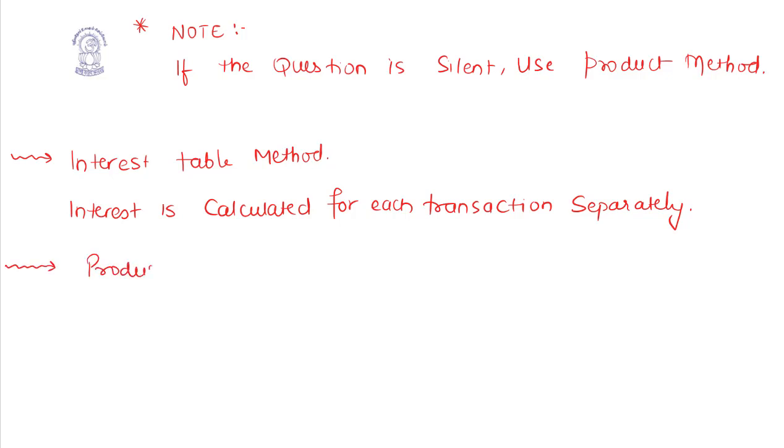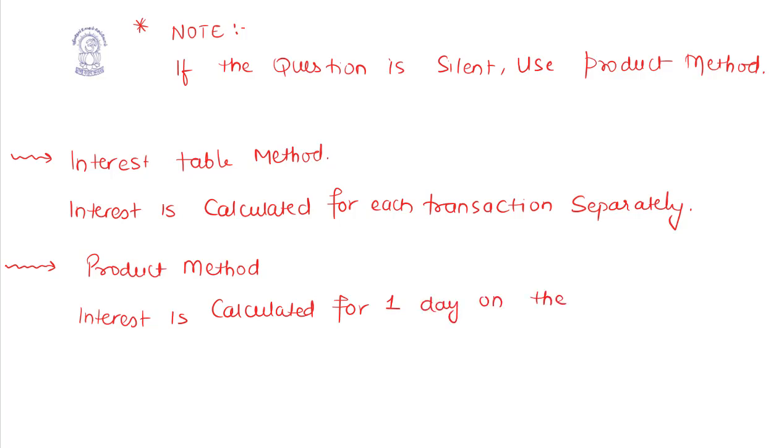Next is product method. Interest is calculated for one day on the balance of product arrived at.